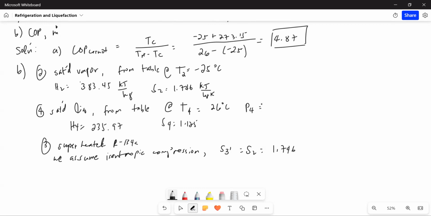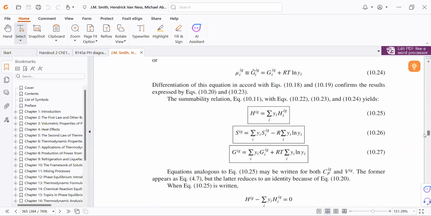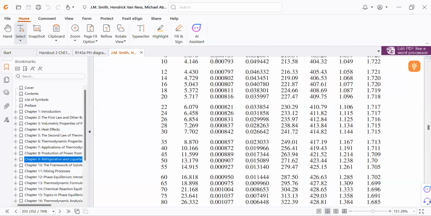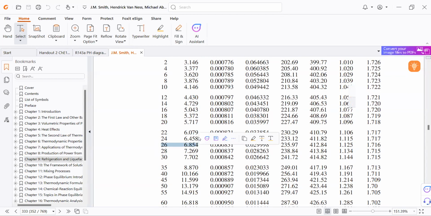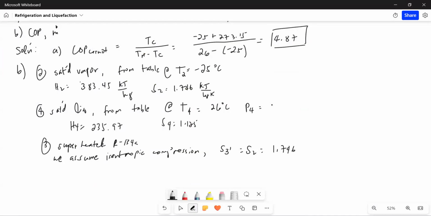We just need one property in the saturated table, so that's 26 degrees Celsius, and automatically the pressure is 6.854 bars. And that is our P4, 6.854 bars.